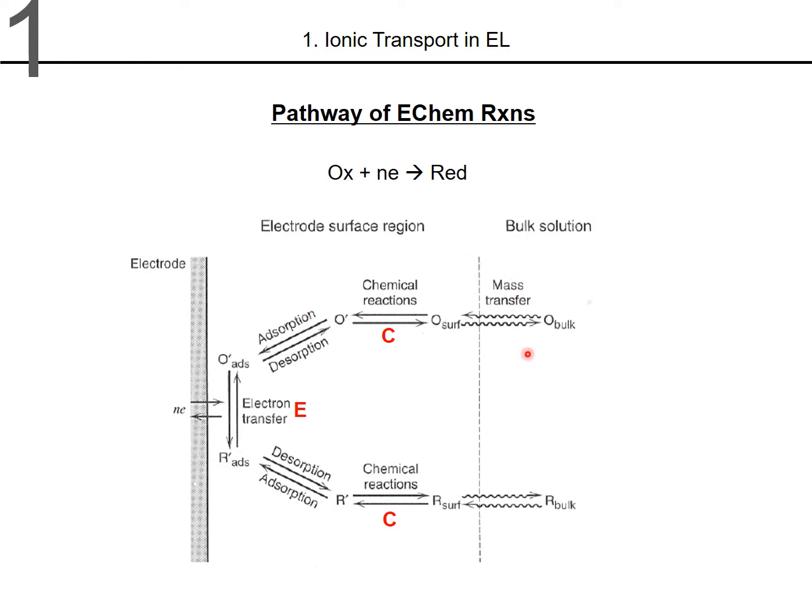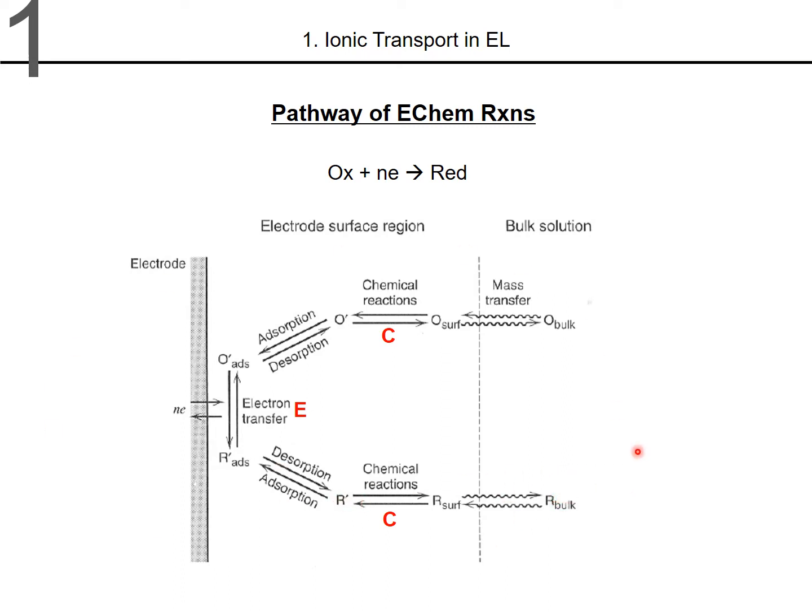This step is mass transfer based on diffusion, convection, and migration. And on the surface of the electrode, the oxidized species is adsorbed onto the electrode, and then gets the electrons from the electrode, finally going to the reduced species in the adsorbed state. Desorption, and then the reduced species goes away from the surface to the bulk solution.